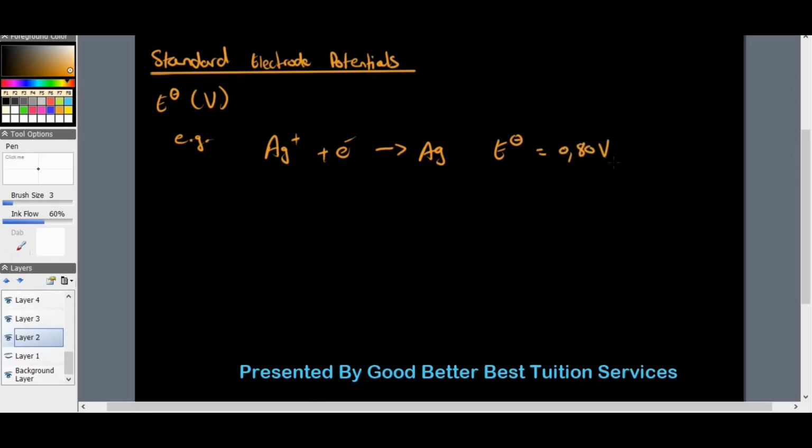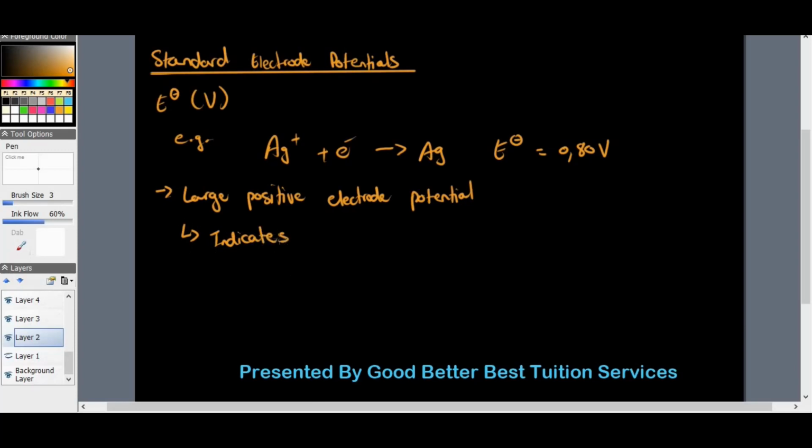Decently high. This is classified as a large positive electrode potential. We want to know what that means, and I'm going to share it with you in just a moment.